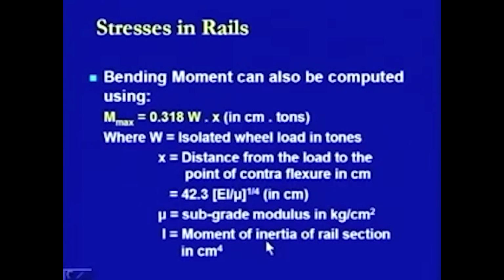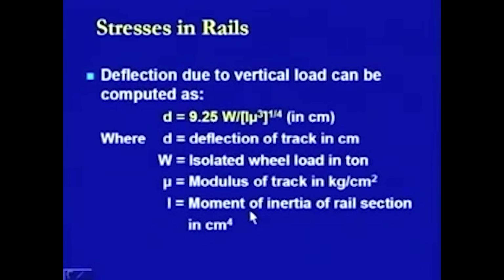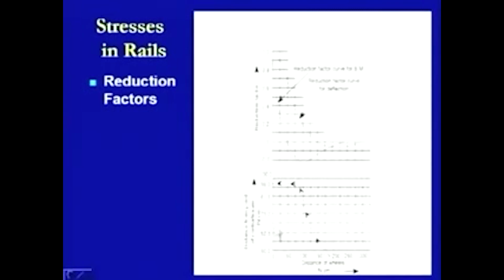This x, the distance from the load to the point of contraflexure, is computed as 42.3 multiplied by the 4th root of EI divided by mu. So, once we have the value of E, the modulus of elasticity, I the moment of inertia of the rail section, and mu the subgrade modulus, we can compute this value. And as soon as we have this value available, we can come to that value.